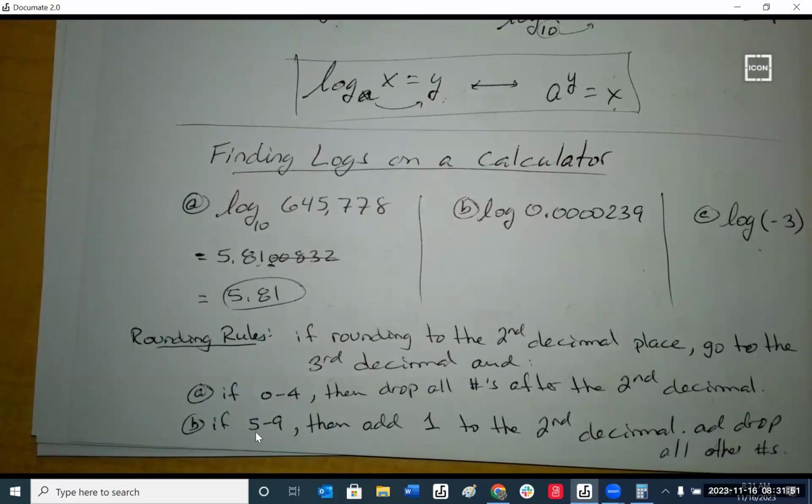So since we're rounding to 2 decimal places, look at the third decimal. If it's between 5 and 9, just add 1 more to the second decimal and drop everything else.